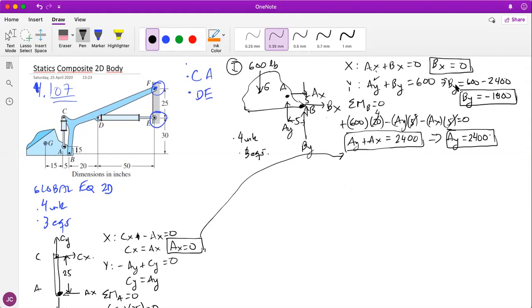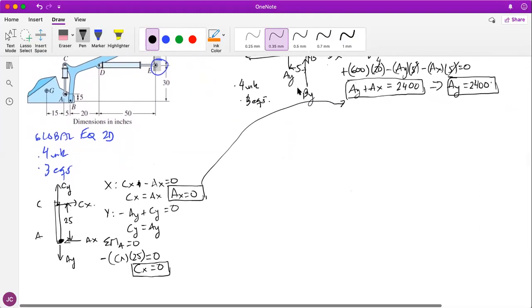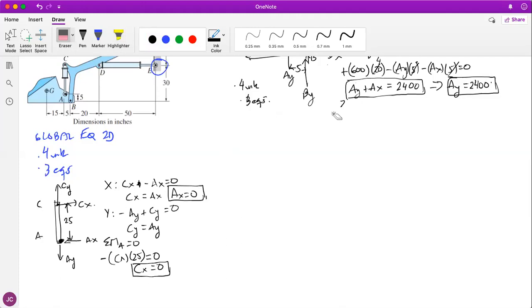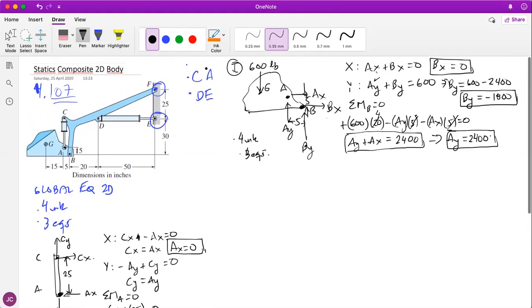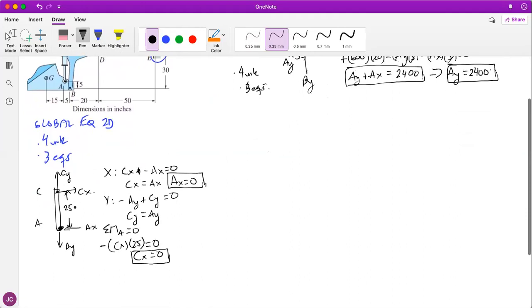Well, okay, so I have that thing already solved. So let me just erase this thing. Okay, fine, good. Go over there. Now let's just go with this thing and let's see. So the only thing that I'm missing from CA in order to be solved completely, since they are asking me, please solve all the forces at the link or member or element of this composite body CA, is that I don't know what is happening over here.